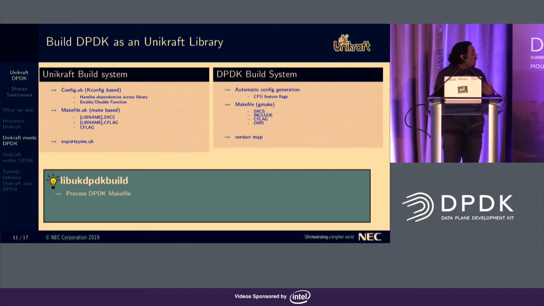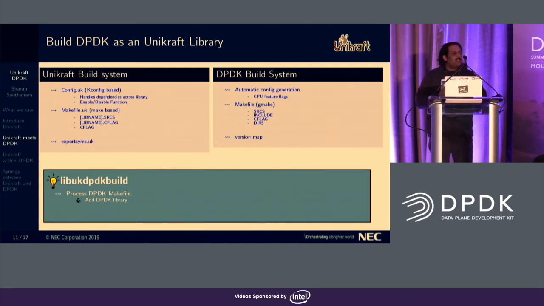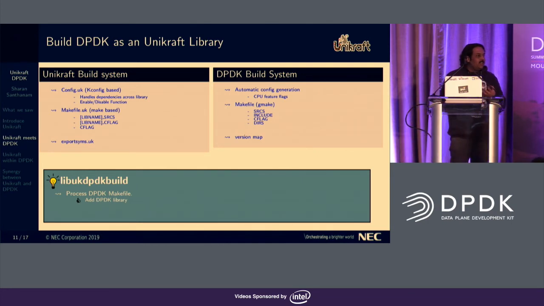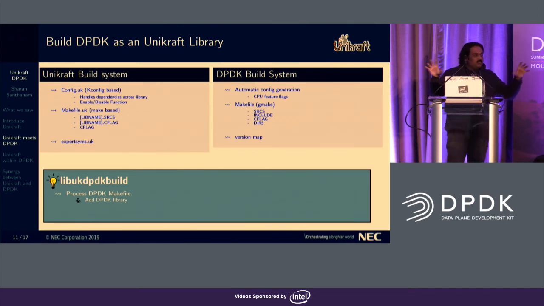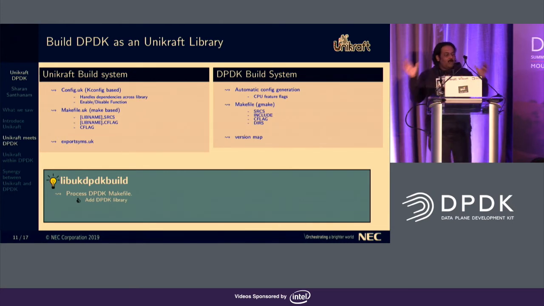So our proposal, like everything else in Unikraft, was to come up with a build tool utility. It pre-processes all the makefiles of DPDK and makes them available in a Unikraft-understandable format, and all this was written with the help of make. With this, we were able to maintain the internal library structures of all the DPDK libraries, along with the libraries which Unikraft supported. So it was quite a modular image.